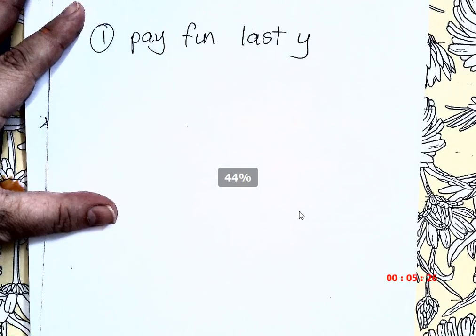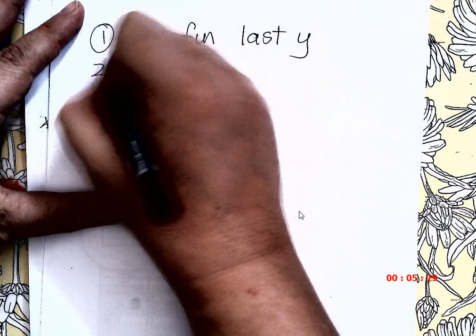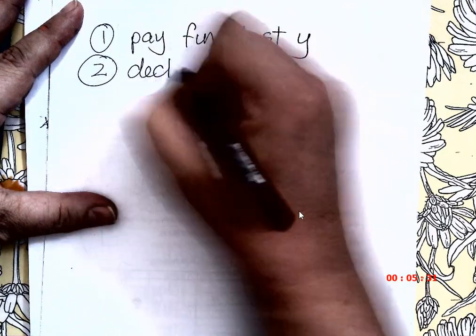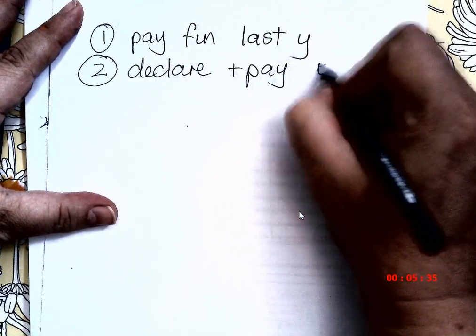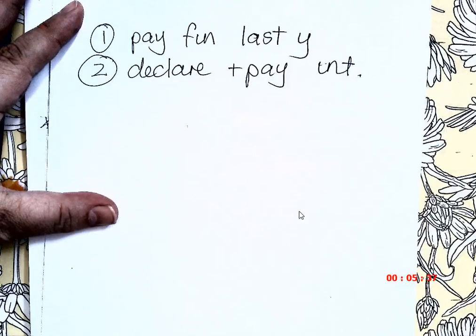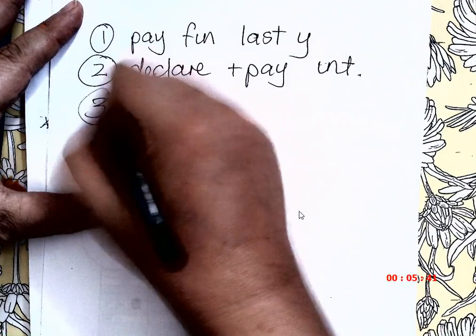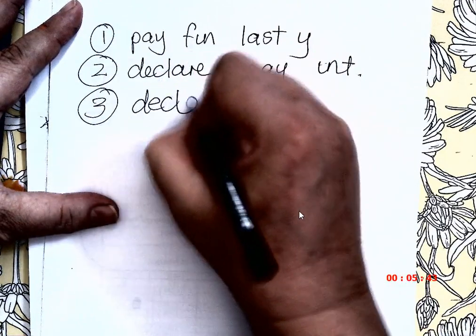I pay the final from last year. Then I declare and pay the interim. It's done. Do I owe?